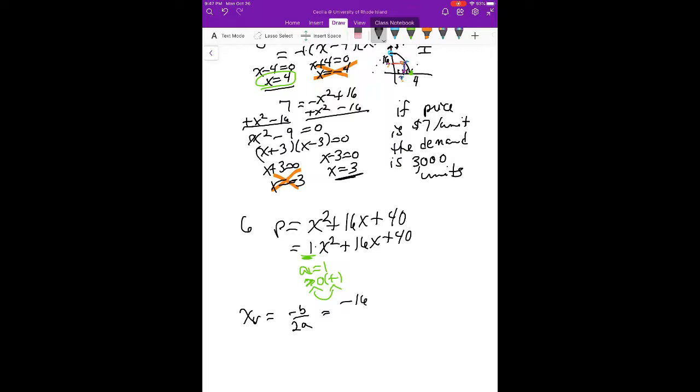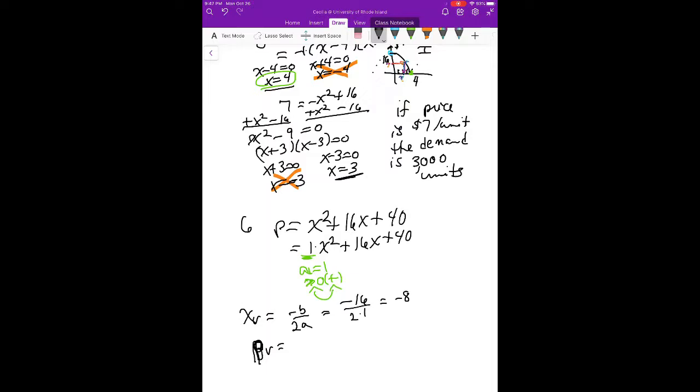The vertex value is going to be negative b over 2a. So in this case, it's negative 16 over 2 times 1, or just negative 8. So when x is equal to negative 8, we're going to have our vertex of this parabola that's opening up. And what's the height at that point, or the yv, which I can call pv, right?